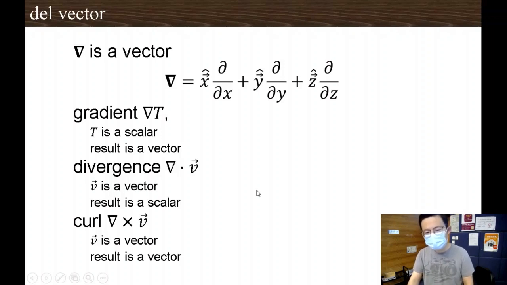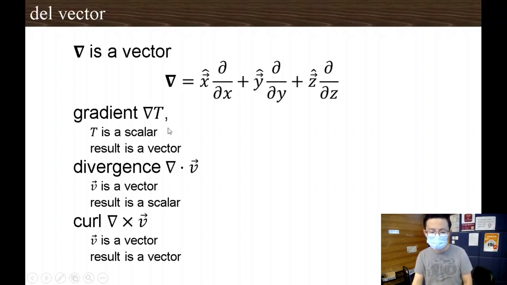Remember that it associates one partial derivative with one unit vector. So x hat, y hat, and z hat are unit vectors. And if you apply this to a scalar, then a vector applied to a scalar will result in a vector, right? So the gradient that we just looked at is a vector.